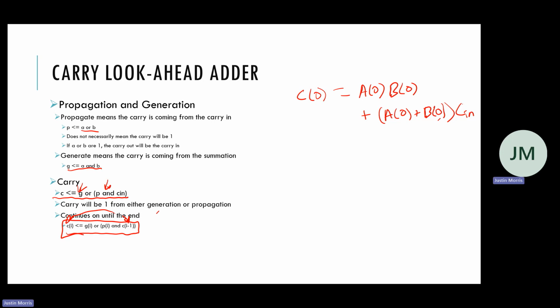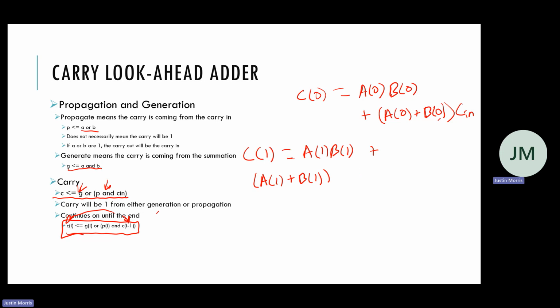Then if we want the second bit, we get A at 1 and B at 1, because this is the generate. Or I could be propagating, which is A at 1 or B at 1.